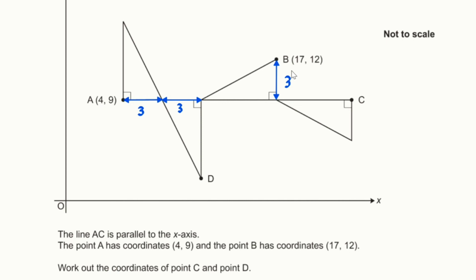Now going from 4 to 17, I need to add on 13, and if I do 13 take away 6, that's equal to 7, which means here to here is equal to 7. 4 plus 3 is 7, plus another 3 is 10, plus another 7, that gives us 17.